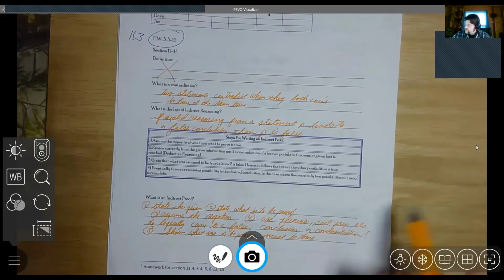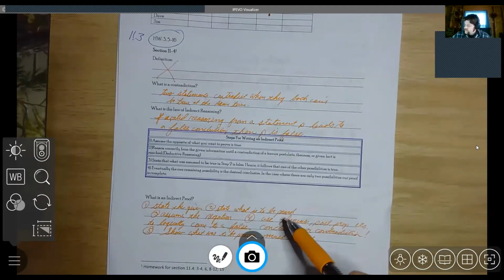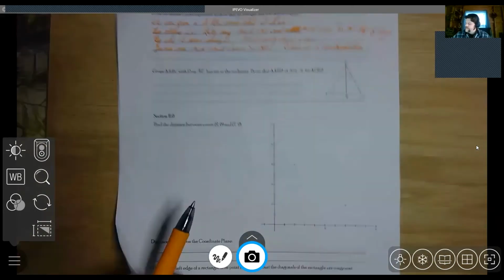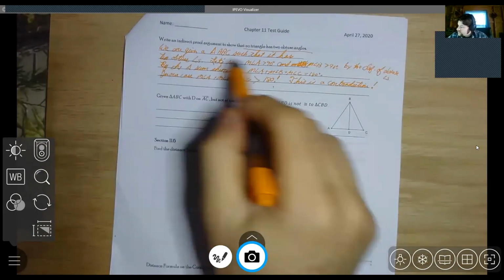So we stated the given. I maybe wasn't so thorough up here.